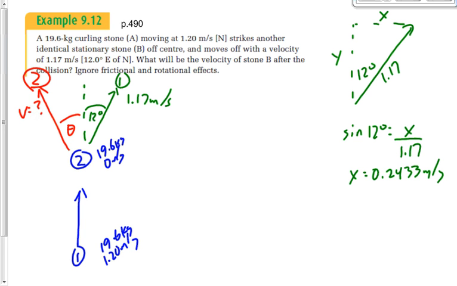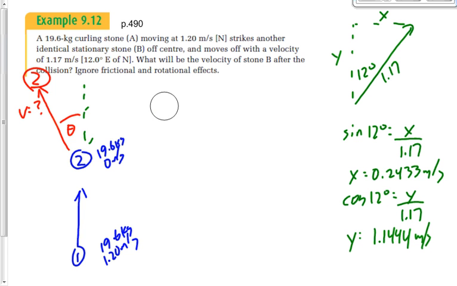Last time I used cosine for x. Be careful about that. Cosine 12 degrees is equal to y over, this is the adjacent side over 1.17. For this one, we get 1.1444 meters per second.